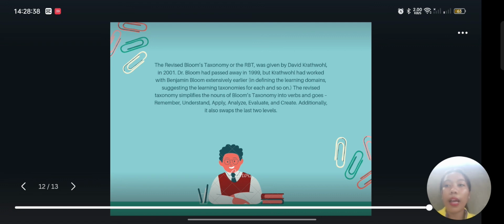Dr. Bloom had passed away in 1999, but Krathwohl had worked with Benjamin Bloom extensively earlier in defining the learning domains, suggesting the learning taxonomies for each, and so on. The revised taxonomy simplifies the nouns of Bloom's taxonomy into verbs and goes: remember, understand, apply, analyze, evaluate, and create. Additionally, it also swaps the last 2 levels.